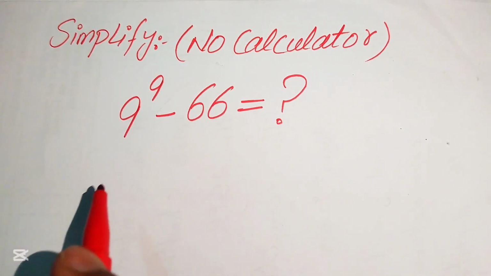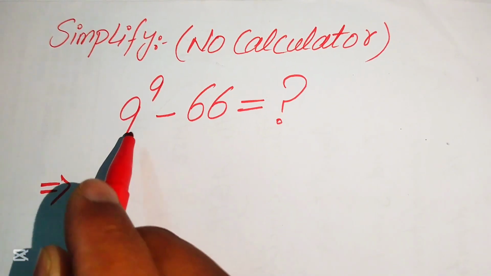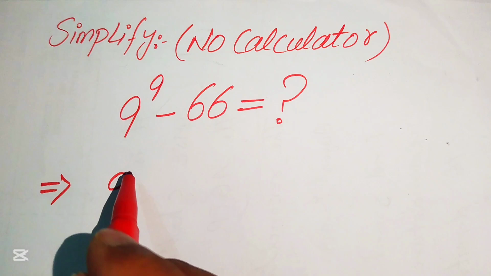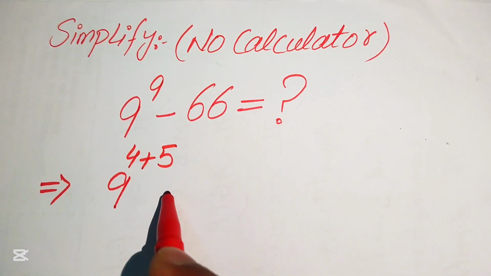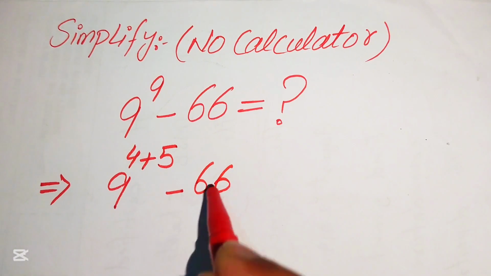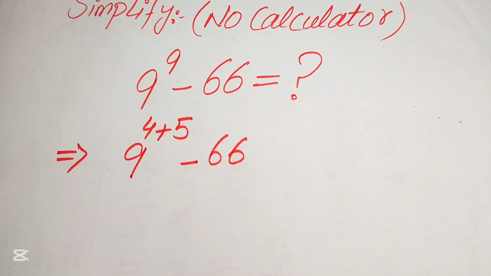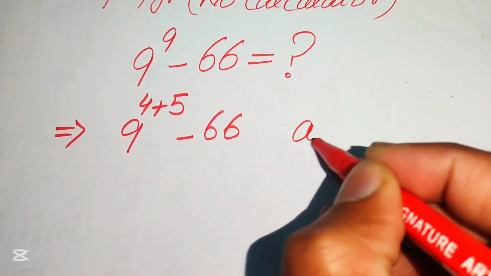So the very first step is that we need to focus on the exponent of this term. The exponent of 9 is 9, and we write this 9 as 4 plus 5 minus 66. After this step we need to break the exponent of this term, so we apply this exponent law.